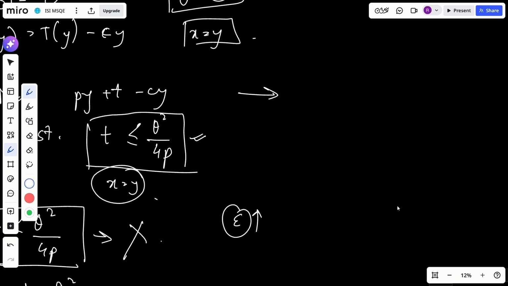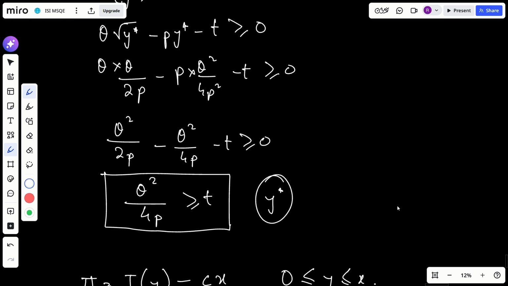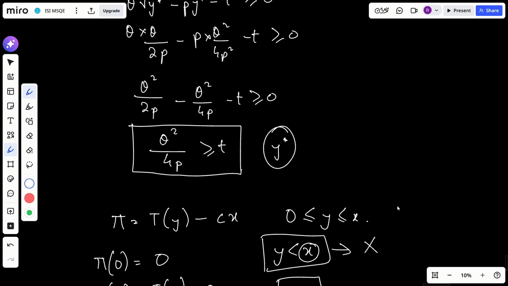Now we will just substitute this. So py plus theta square by 4p minus cy. Also when this monopolist is holding this condition, then the consumer is buying y star. So I will plug that y star in this equation. So what was y star? Y star was theta square by 4p square.